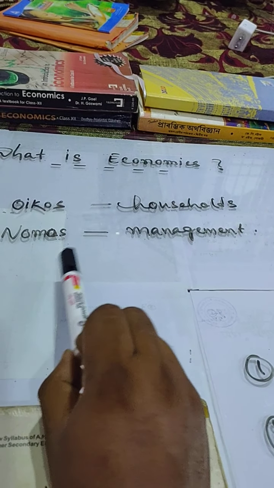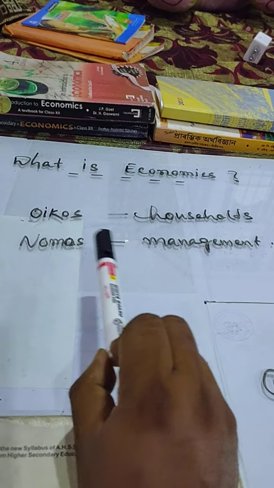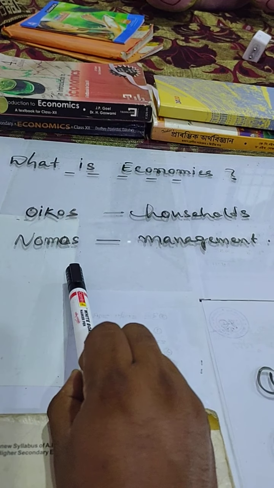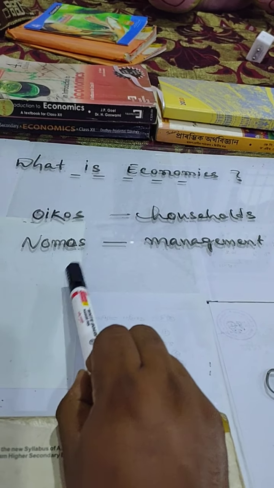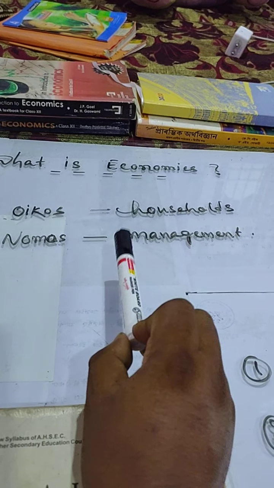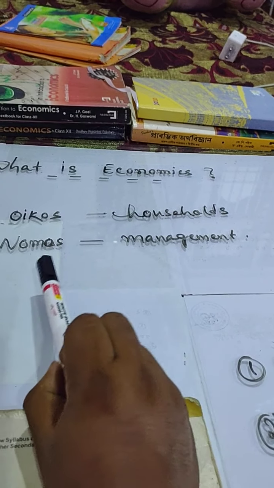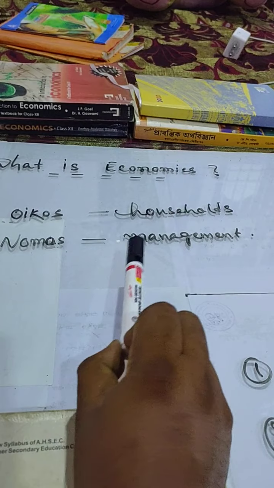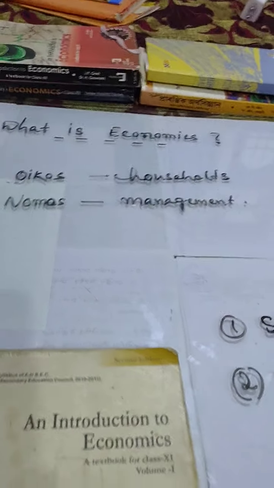Can you get the point? Economics is derived from two words, oikos and nomos. If we combine both the terms, oikos nomos implies household management, or we can say that economics is the management of households.